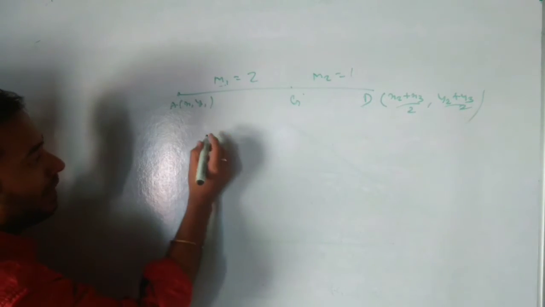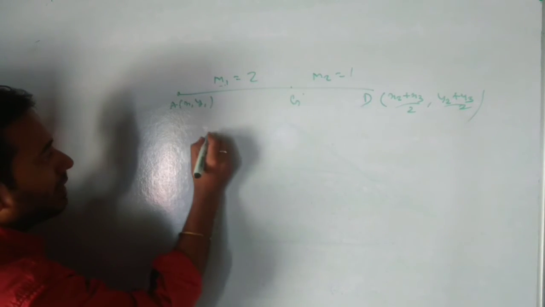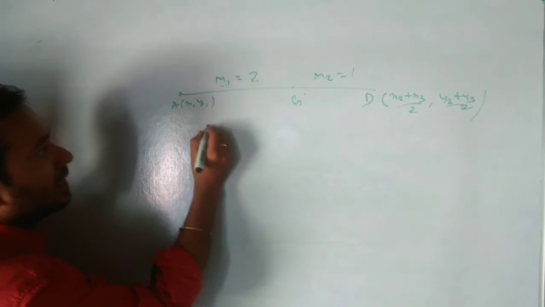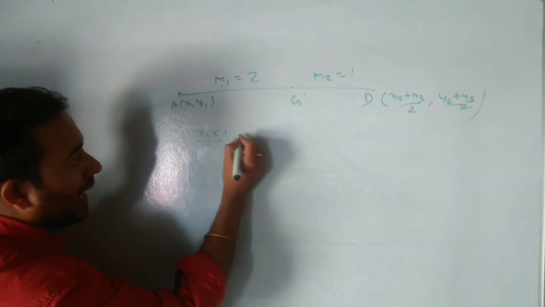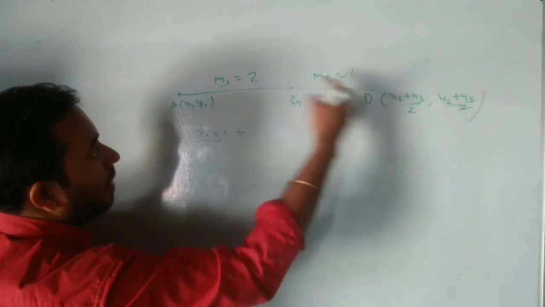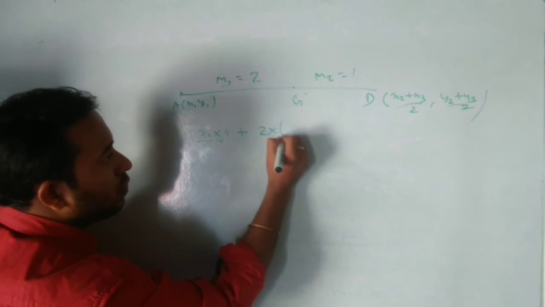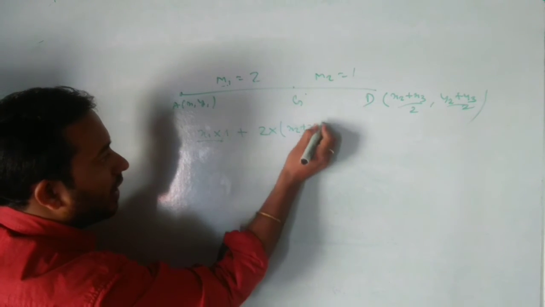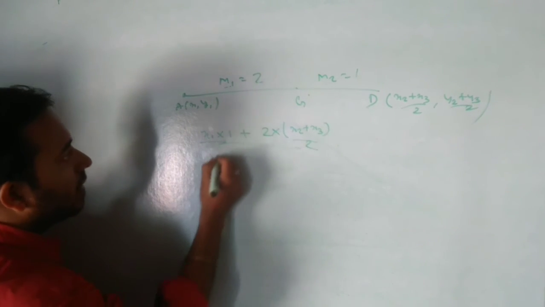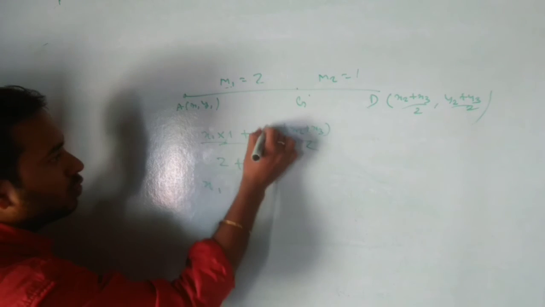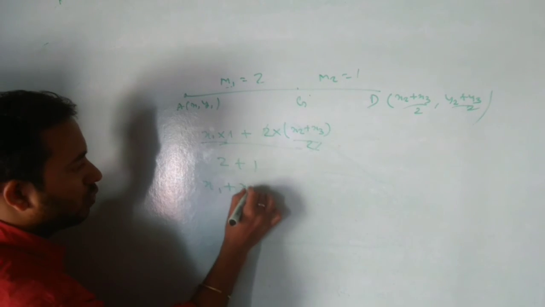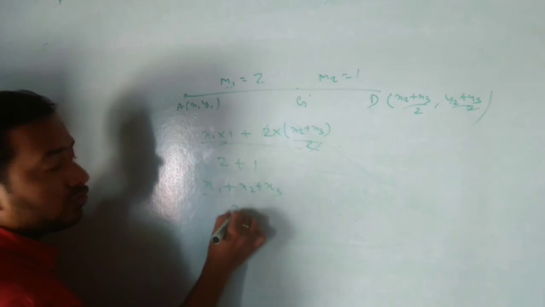So applying the formula, x1 multiplies with 1, plus 2 multiplies with (x2 plus x3) by 2, all divided by 2 plus 1. The 2 cancels, so we get (x1 plus x2 plus x3) by 3.